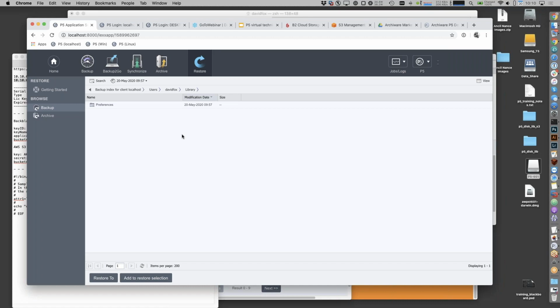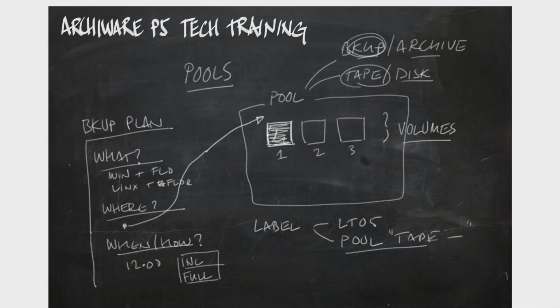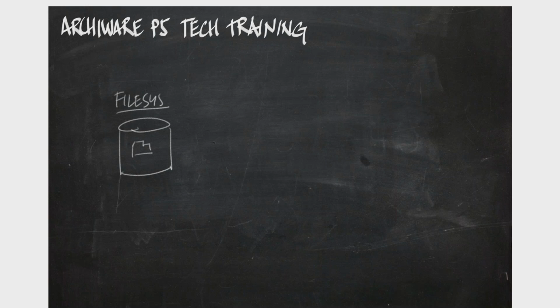I want to say a little bit about the way that the index works. So let me just flick to my graphics tablet and let's just remove what we've got here. So in the case of a backup, we've got the file system that we're backing up. So that's some kind of disk that's got lots of folders and files in it, like so.